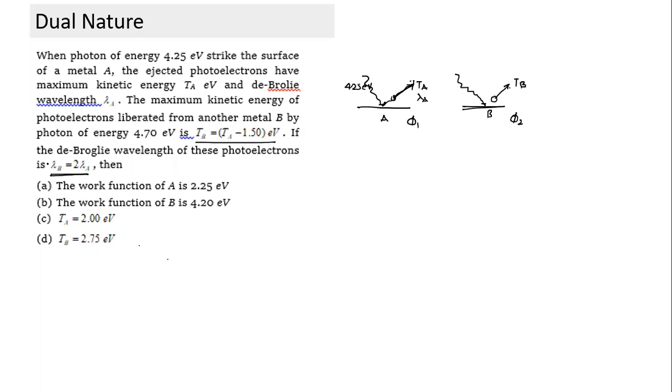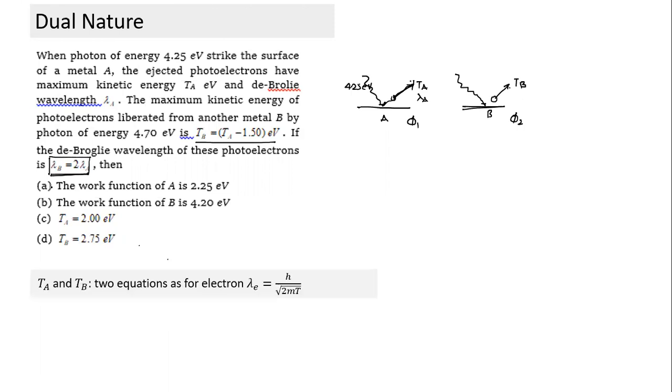If lambda is related to the kinetic energy of the photoelectron, I have two equations between TA and TB, and once you have two equations, you get the values of TA and TB, and then you can get the remaining terms also. So the key point here in this question was only to convert in terms of T. How is lambda related to kinetic energy?